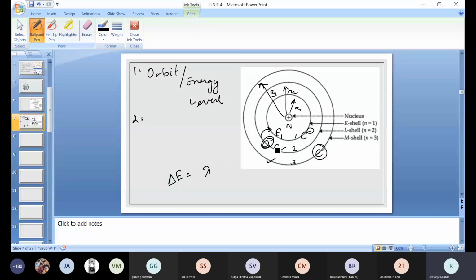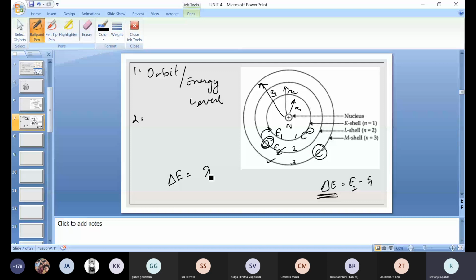Then delta E will be equal to E2 minus E1, because E2 is higher and E1 is lower. Now if this electron jumps from this layer to this layer, it has to release this amount of energy. When it releases this delta E amount of energy, it creates radiation, or light, of wavelength lambda.